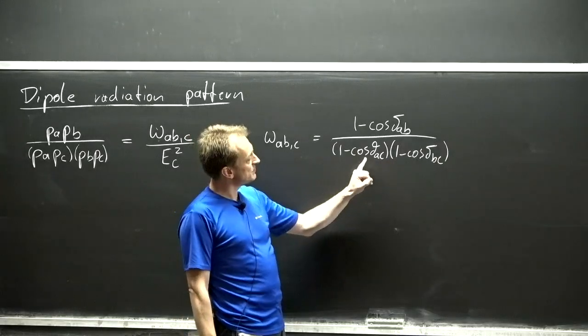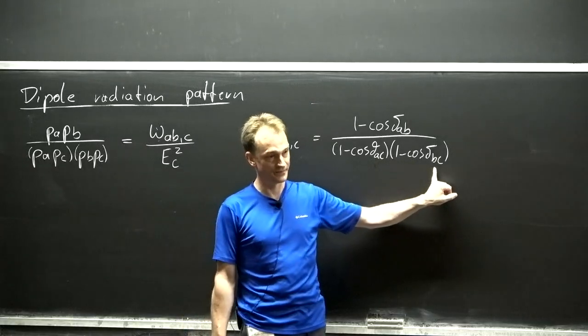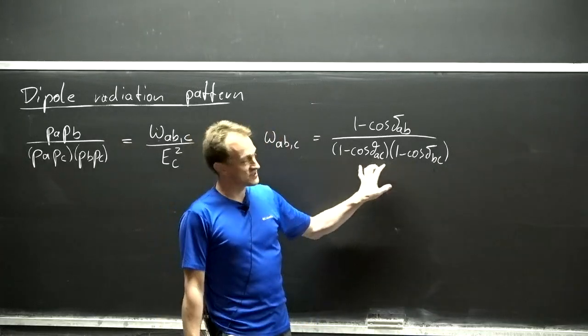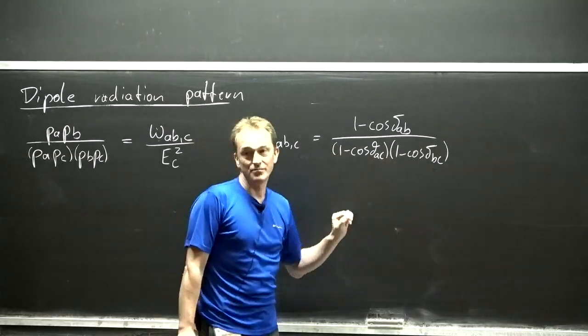There's a collinear limit when A and C become parallel, and there's a collinear limit when B and C become parallel. That's because it was derived from a dipole radiation picture, right? So they should both be reflected in that matrix element.